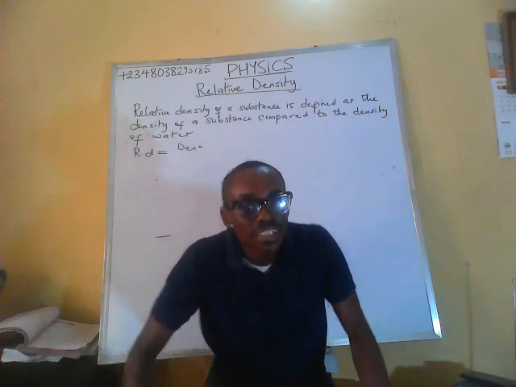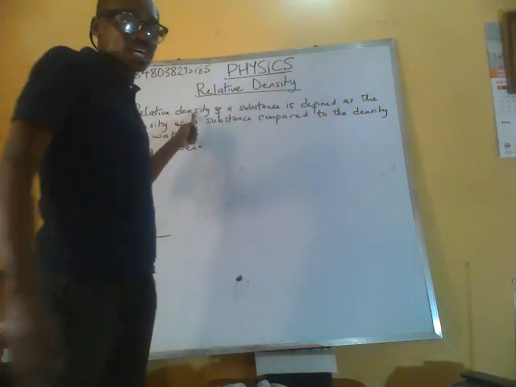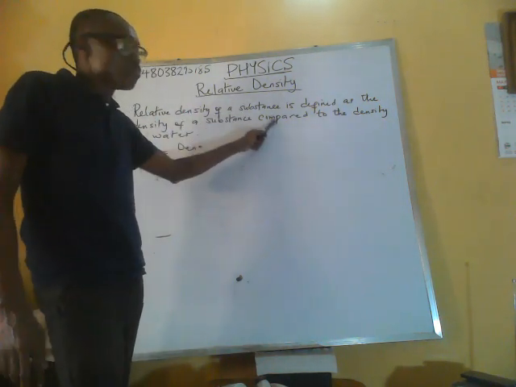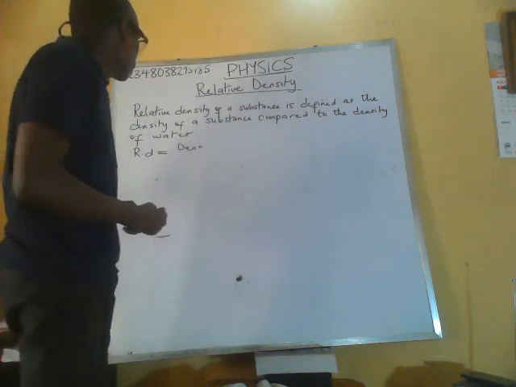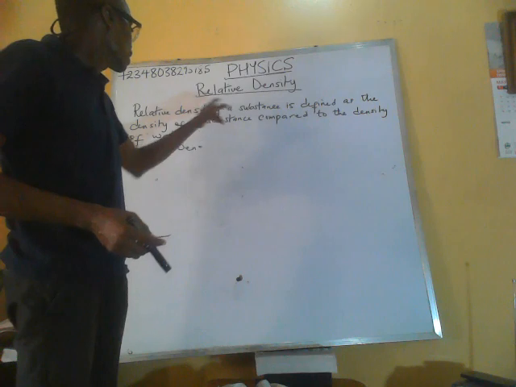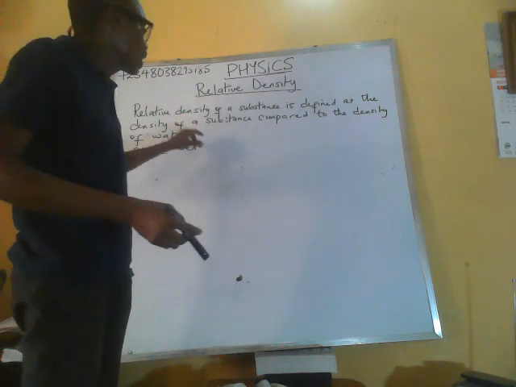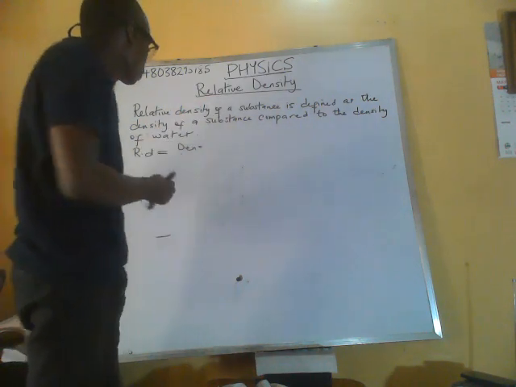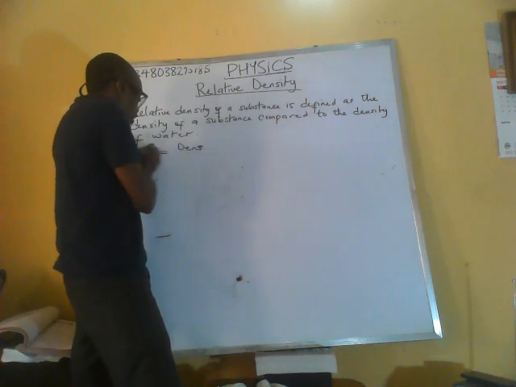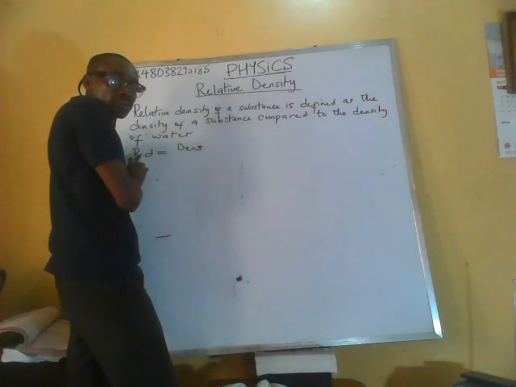Relative density of a substance is defined as the density of the substance compared to the density of water. We're going to write the formula now.